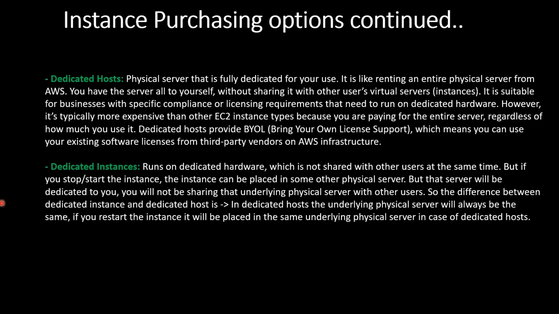You only pay for the time in which you are using the instance. For reserved instances, we pay for a fixed term of 1 or 3 years, so we have a lot of options to choose from. The EC2 pricing model offers a lot of flexibility and cost effectiveness, allowing us to choose the most suitable pricing option based on our workload requirements, budget constraints and usage patterns.